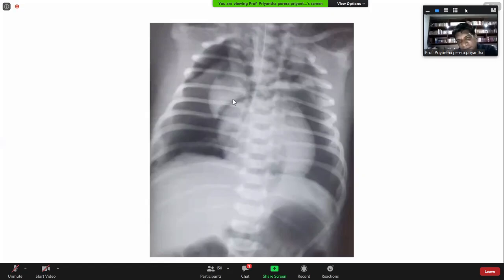Right? This entire thing is actually in the pericardial cavity, right? So this child has a pneumothorax as well, and the pneumothorax has extended into the pericardium, causing pneumopericardium as well. So again, the management will depend on whether the child is clinically unstable or not.